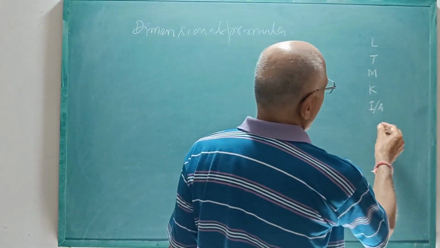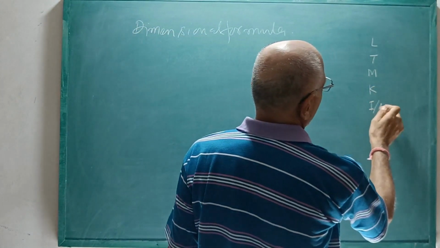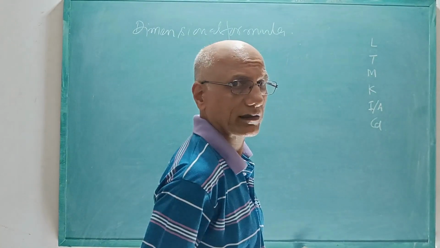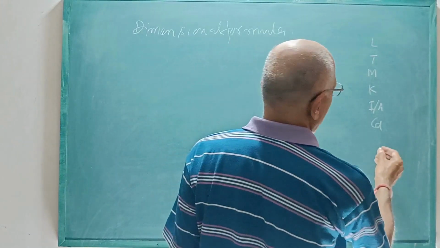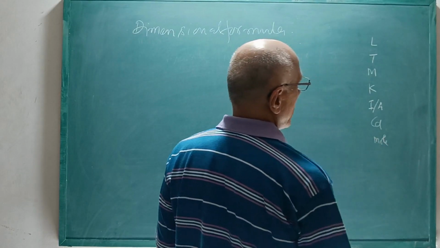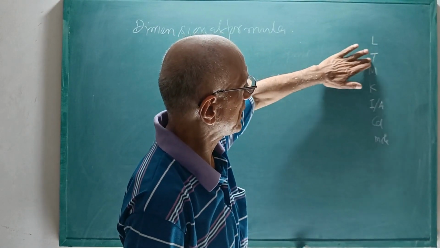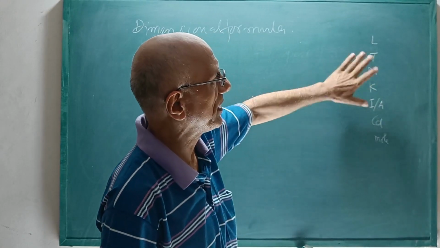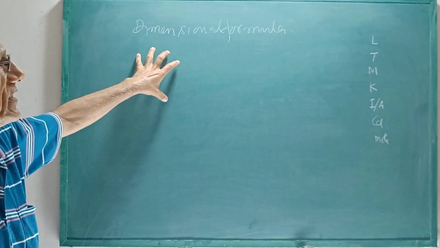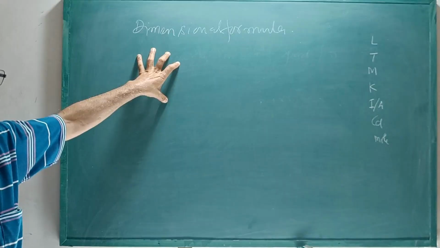Then we have candela, the luminous intensity, and amount of substance, that is mole. So these are the 7 fundamental quantities, and in terms of these we express a physical quantity.